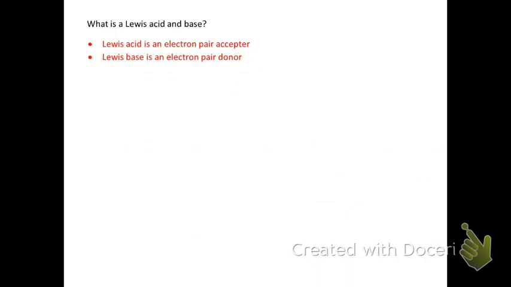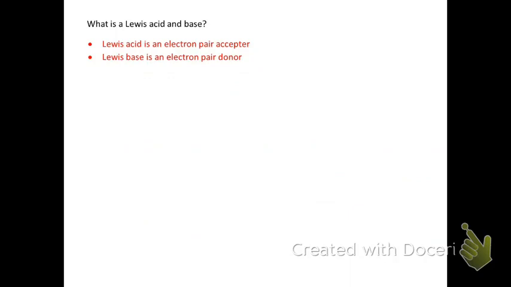We are no longer subject to an acid being one which donates a proton and a base being one that accepts it. Instead, what Lewis is going to say is that an acid is anything that is an electron pair acceptor, and a base is anything that is an electron pair donor.